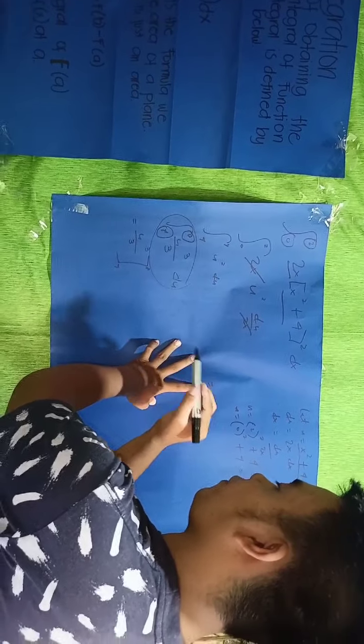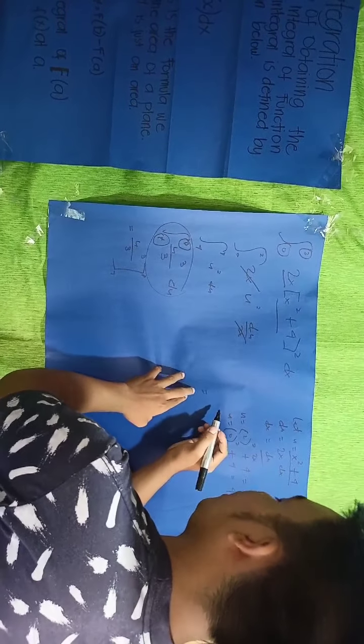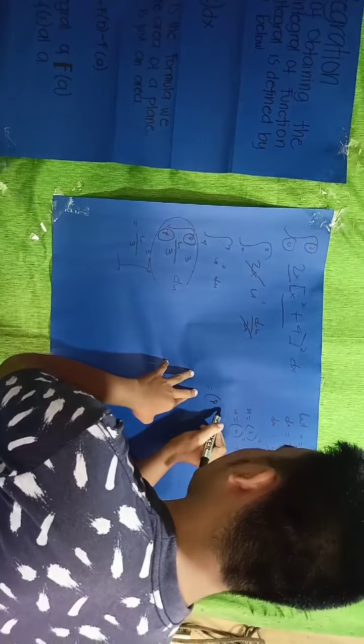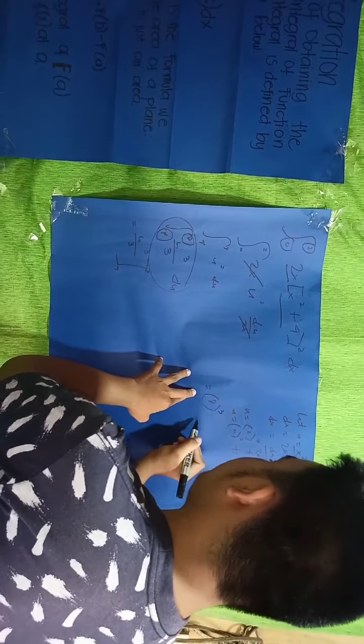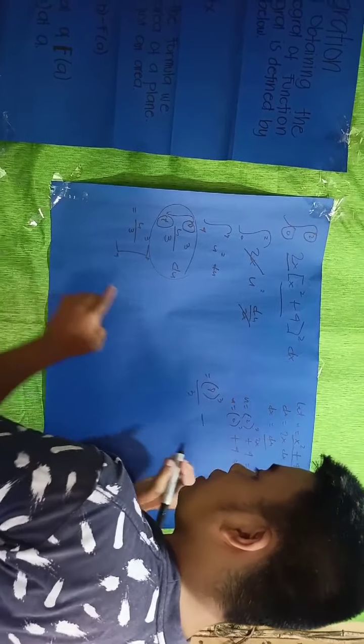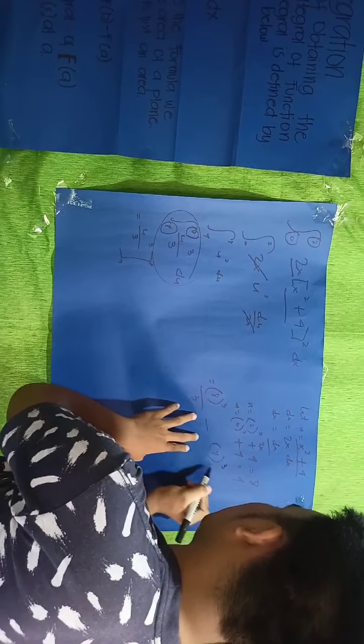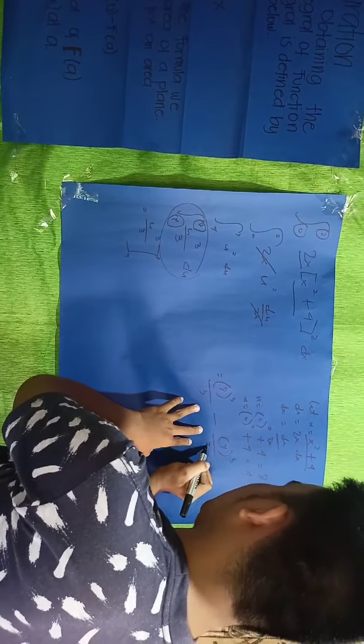So, we use the upper limit, 8 cubed over 3, minus the lower limit, 4 cubed over 3.